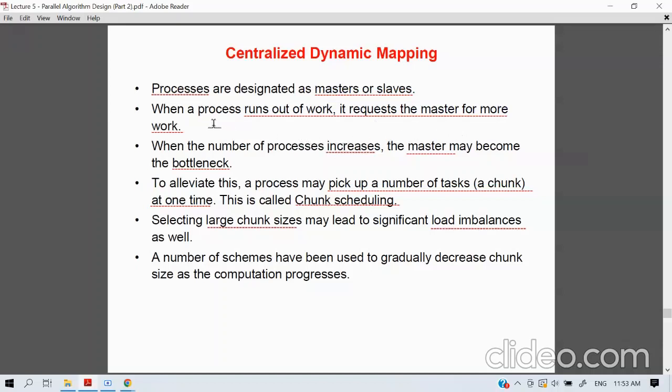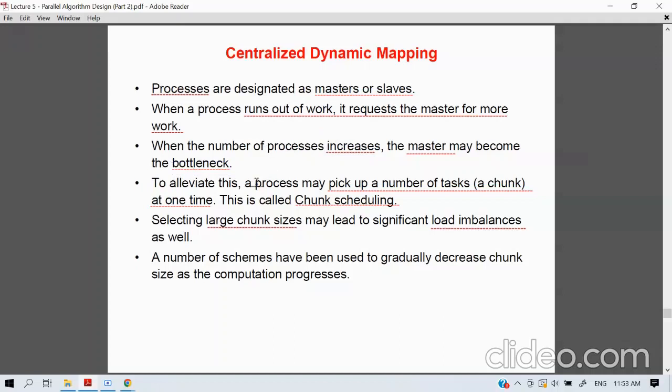So it has one controller to control all the slaves, or the processes in this case. When the number of processes increases, the master may become a bottleneck, because it needs to look at the requests of the slaves, how much work they want.